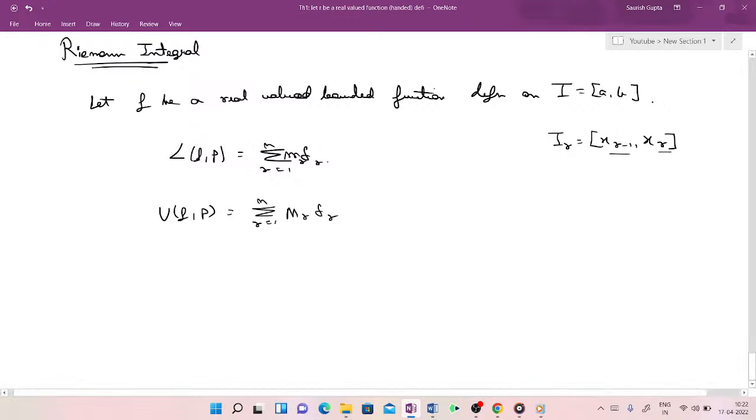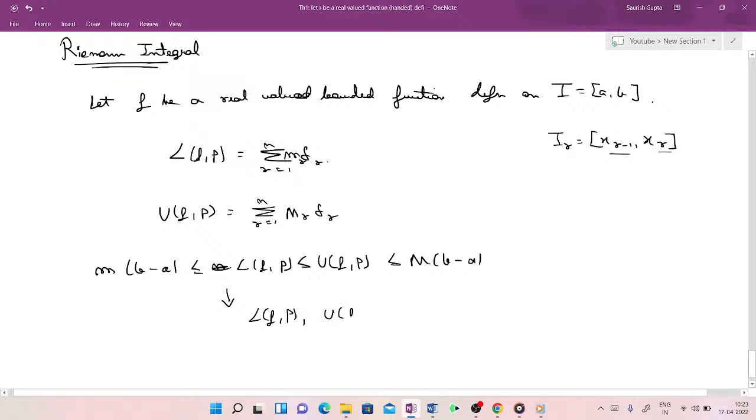The first thing here is that m times (b minus a) is less than equals to LFP, which is less than equals to UFP, which is less than equals to capital M times (b minus a), where m is the GLB and capital M is the LUB of the function over the complete interval. So from here we can obviously say that the lower Riemann sum and the upper Riemann sum are bounded.